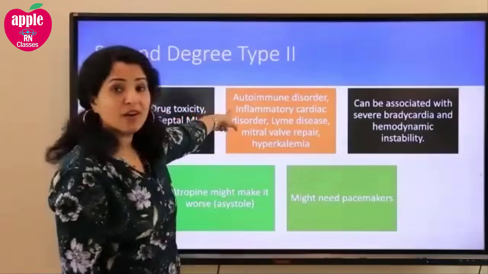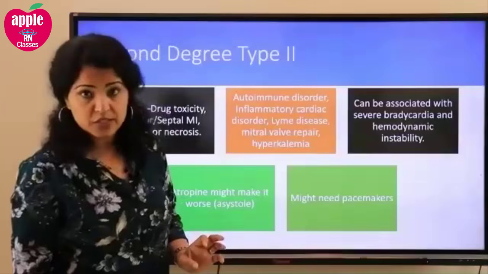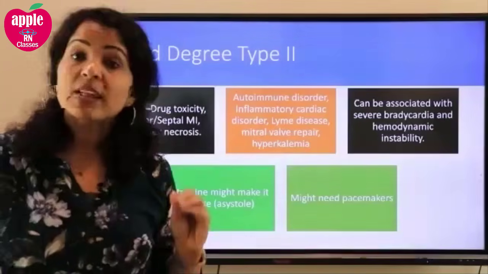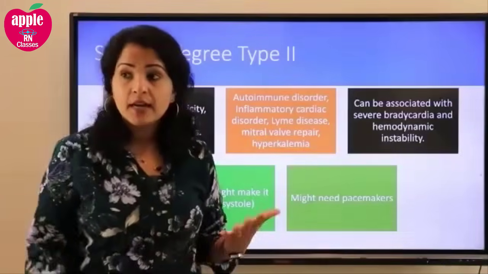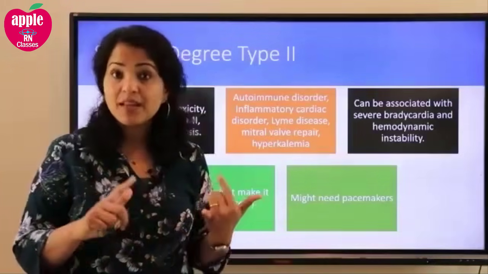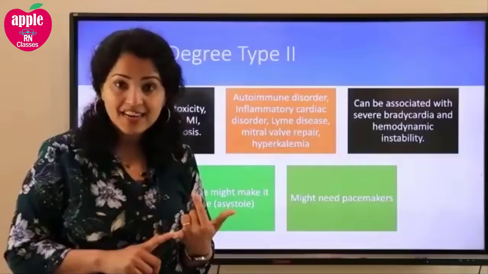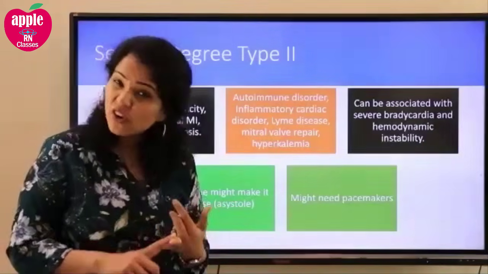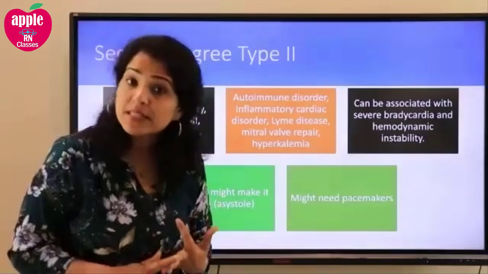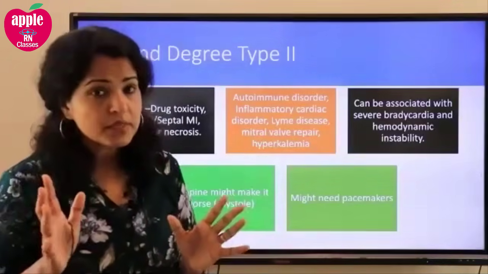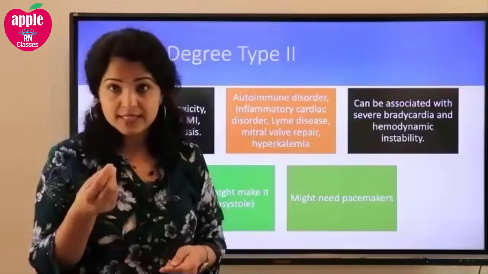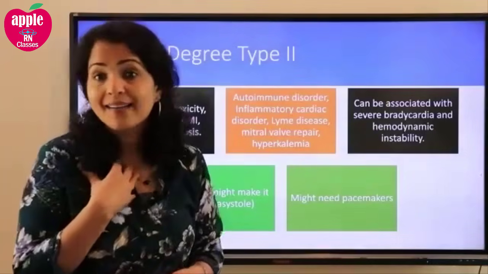And especially I want you to remember the autoimmune disorders. Okay. So whenever these people have autoimmune problems like SLE, which is systemic lupus erythematosus, right? SLE or scleroderma or multiple sclerosis or all those kinds of autoimmune problems, there can be fibrosis. And heart is also muscle.